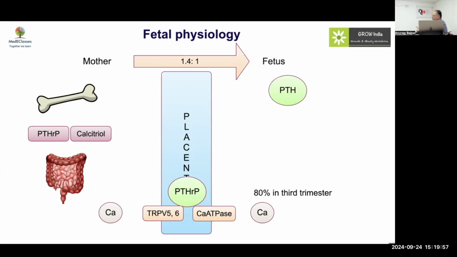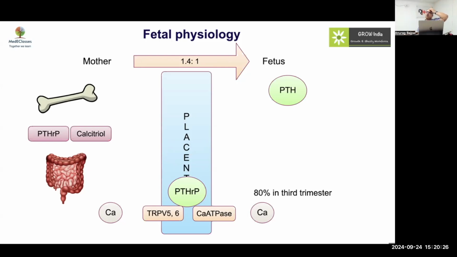Now, the fetal parathyroid may not play a very important role in the antenatal period, but it is active. So, if the mother is hypocalcemic, the baby is hypocalcemic, and PTH becomes high. What will happen after birth in such a scenario? Yes. As you talked about, infant of diabetic mother: the mother's sugar is high, the baby's sugar is low.